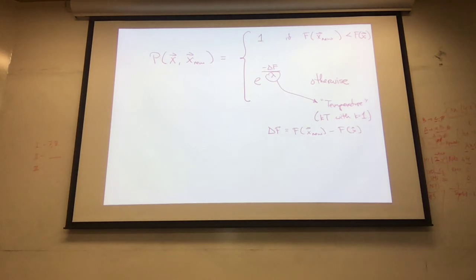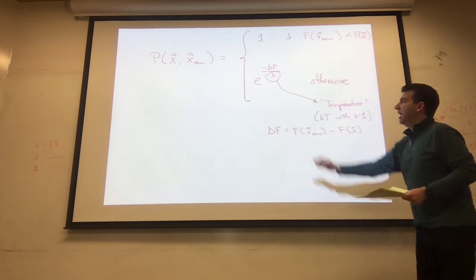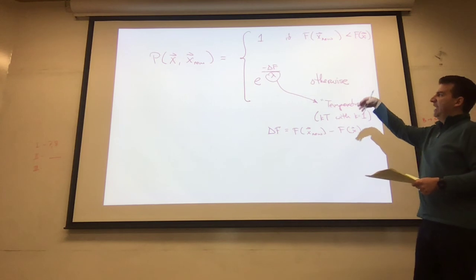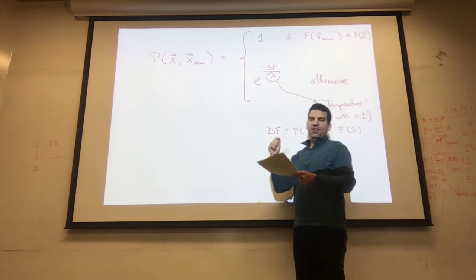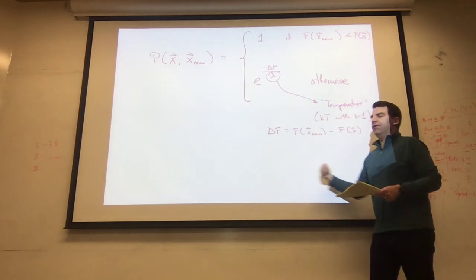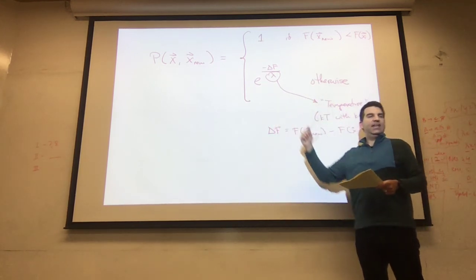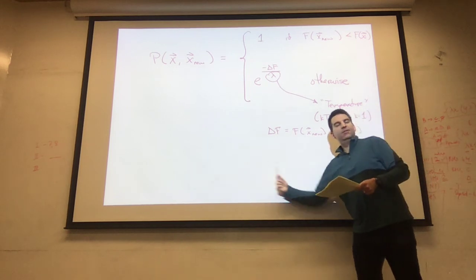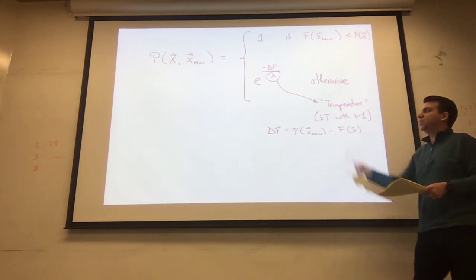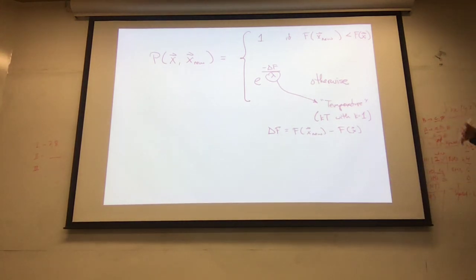Our local jiggles are governed by the Boltzmann distribution, so that if you took a histogram of your optimization objective at any given temperature, you would get a Boltzmann distribution. So you're settling out in these energetic states. So that's our acceptance function.